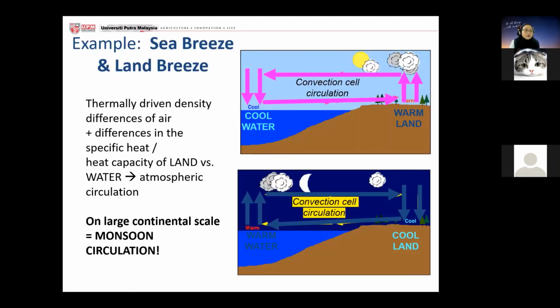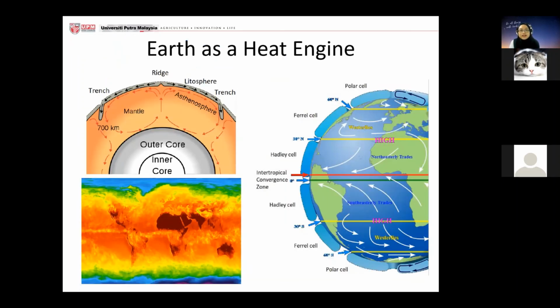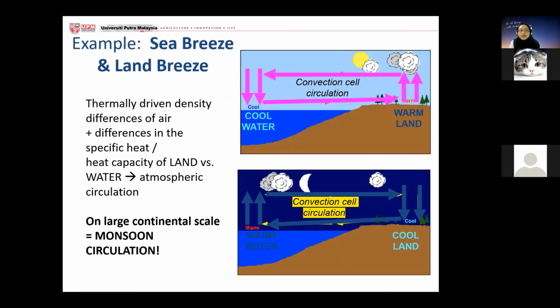Right. So at the same time, of course, if you look at heat engine as well, this is a natural process, and from this is where we got our climate, for example. Okay, so we have something like sea breeze and land breeze.